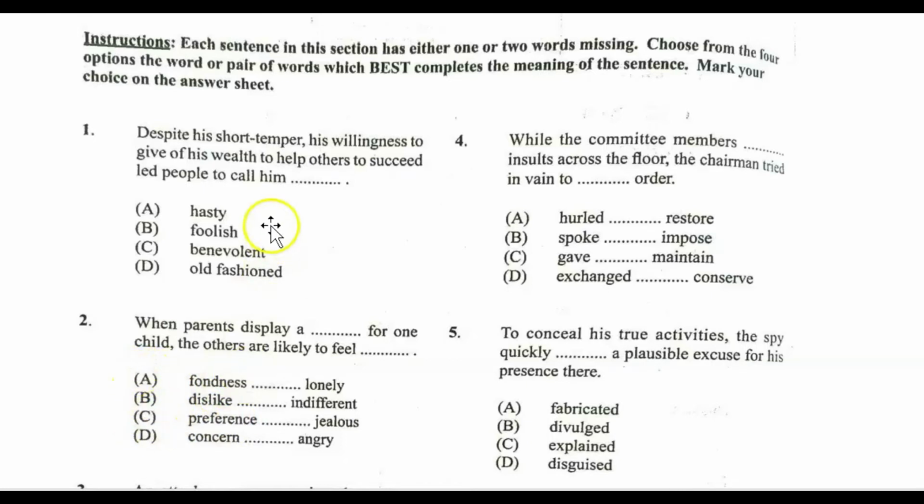But the thing is, we are told that we have to select the best option. So in this case, the best and most fitting option will be option C, when parents display a preference, or we call it favoritism, because you see, fondness has to do with affection.